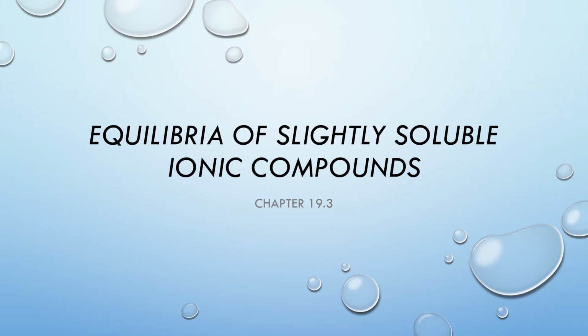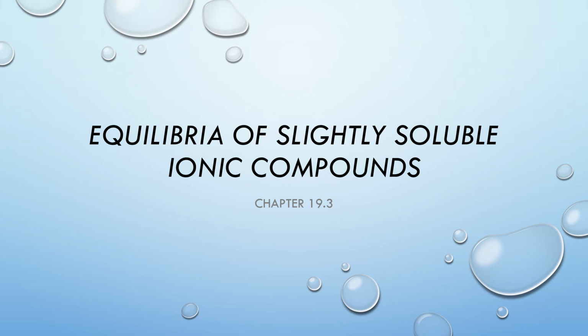The last topic we're going to talk about in chapter 19 is the equilibria of slightly soluble ionic compounds. The slightly soluble ionic compounds are the ones that we mentioned as insoluble, or we called insoluble in the previous chapters. But actually, no compound is absolutely insoluble.